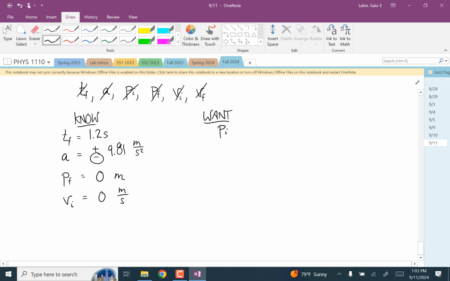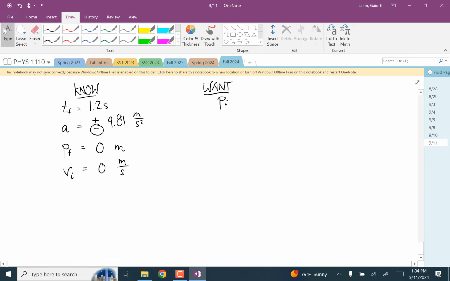Okay, and now we're going to go through the 3 constant acceleration equations and see if any of them work. We need something that has PI in it. So it's definitely not going to be the first equation, the VF equals VI. Yeah, I think the second one will work, because the other one has VF.